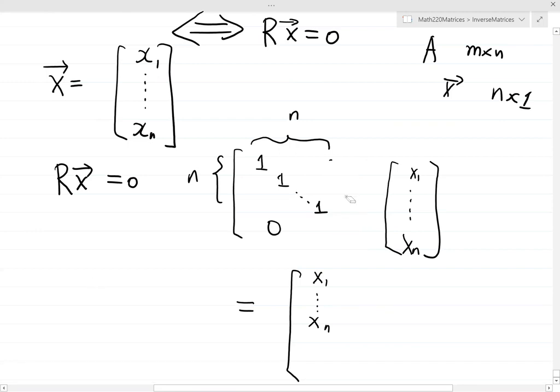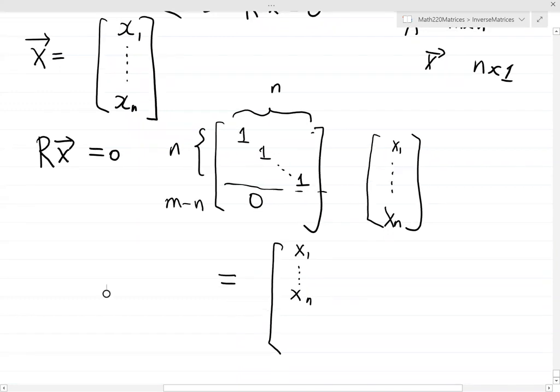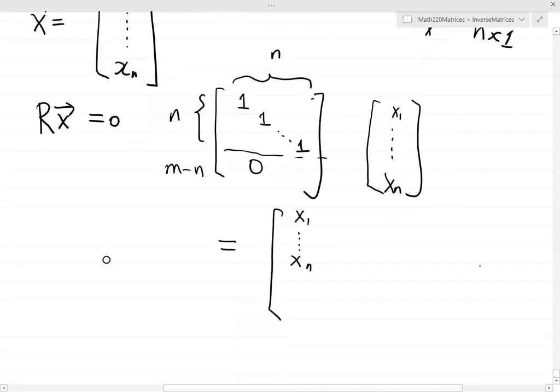Sorry, my bad. Okay, here this is n by n. Here this is m minus n. Then you get this thing, 0, 0, 0. This is m minus n. So this vector is 0.